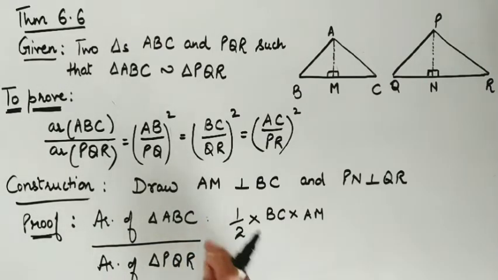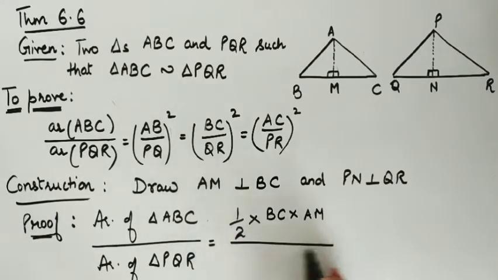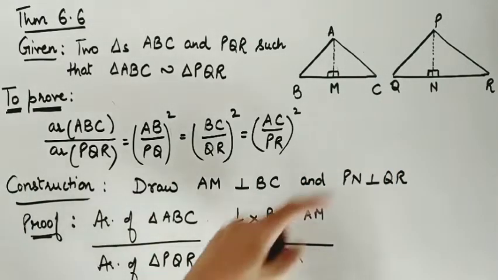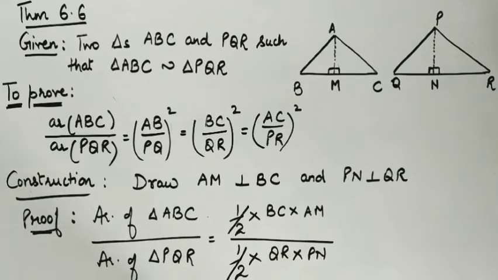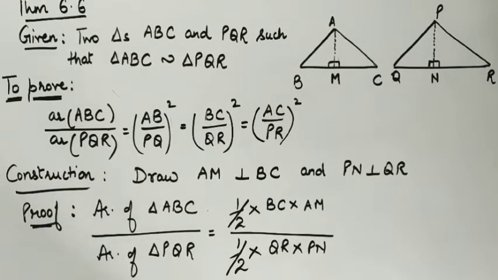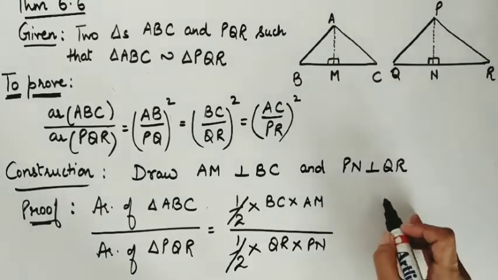this would be, so let's combine these two steps in just one. It's half times base, which is QR, into height, which is PN. You would see half and half from numerator and denominator cancel, and finally it is the ratio of area of ABC and PQR.